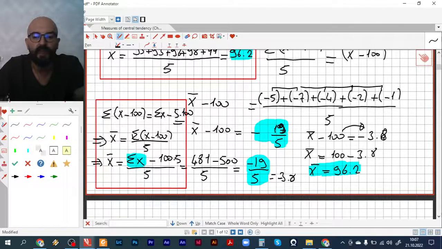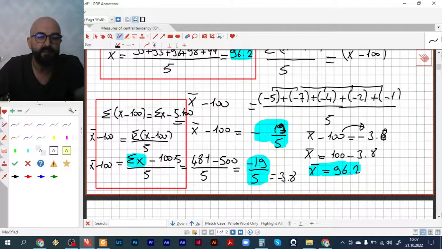Okay, this is negative 3.8, but because we used 100 less than all x, we can find 100 less than the mean.